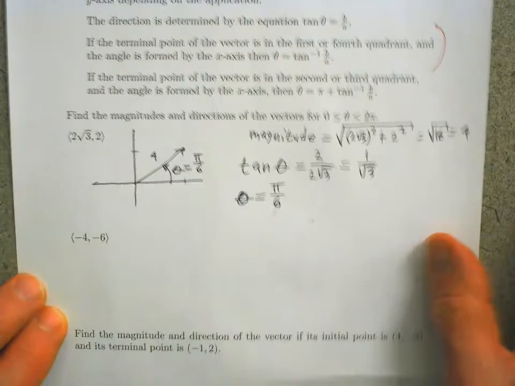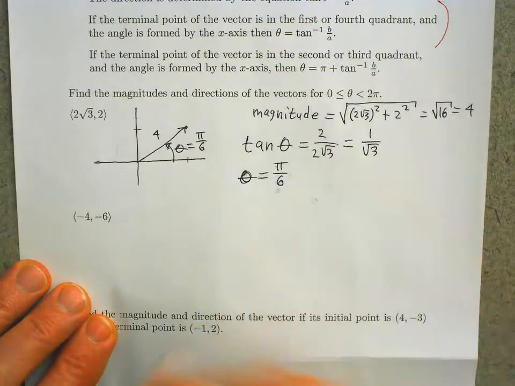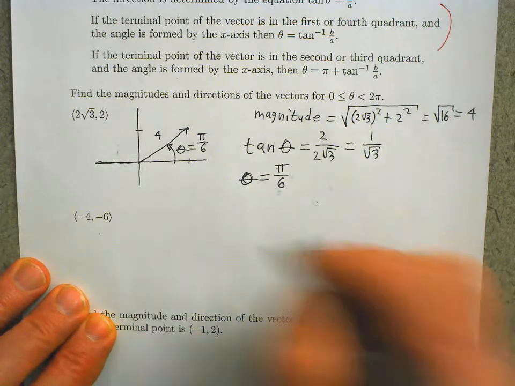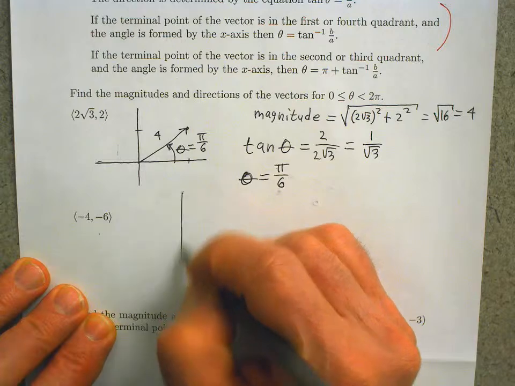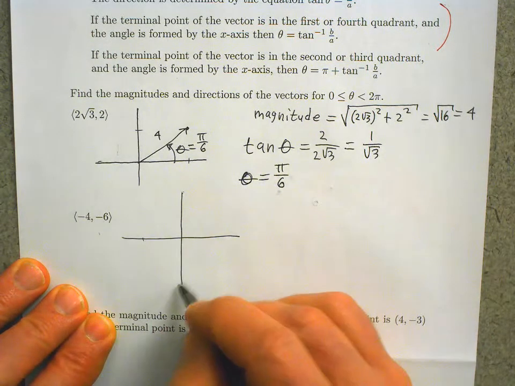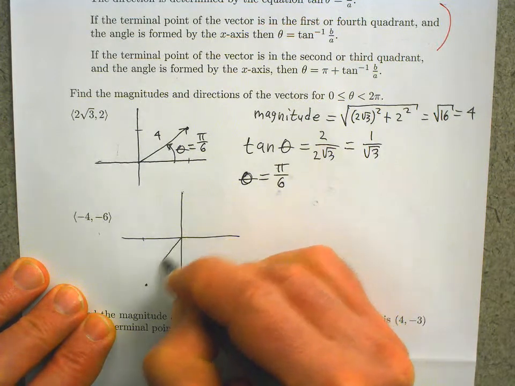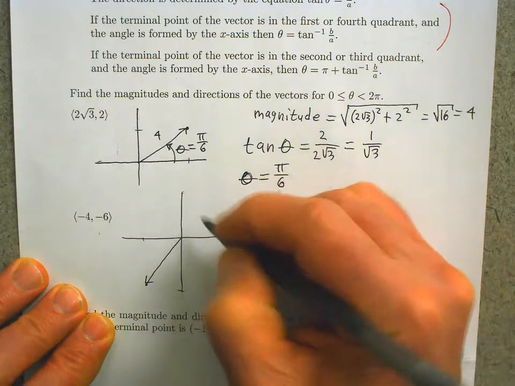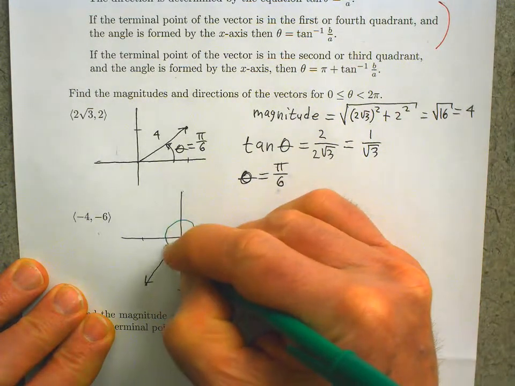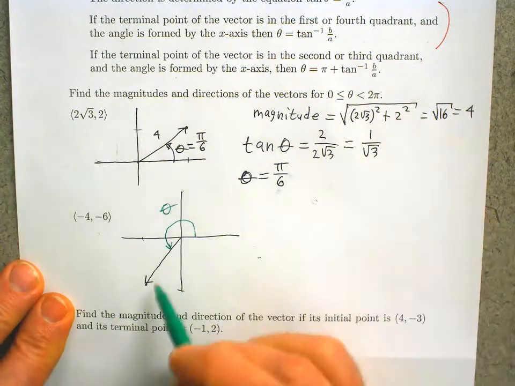Okay, the next vector, <-4, -6>. Well, this is in the third quadrant. So we want to find theta and also the magnitude.